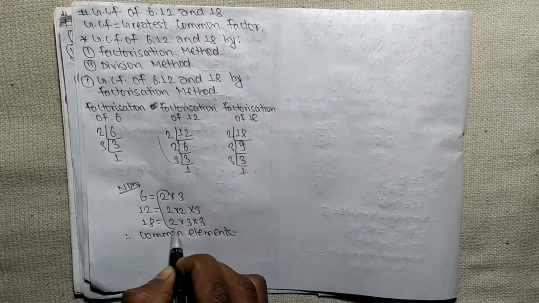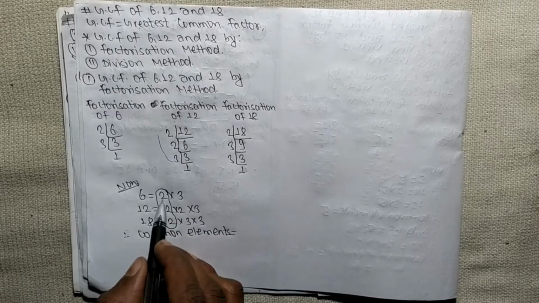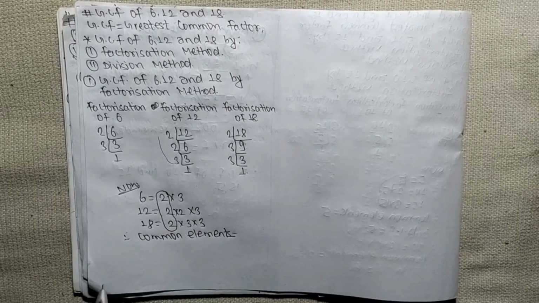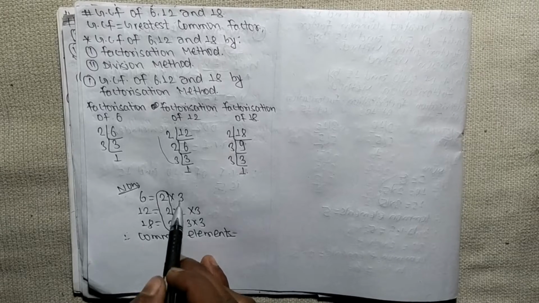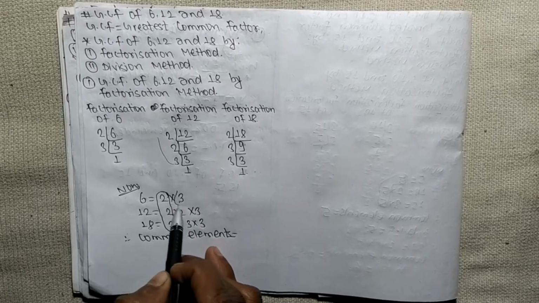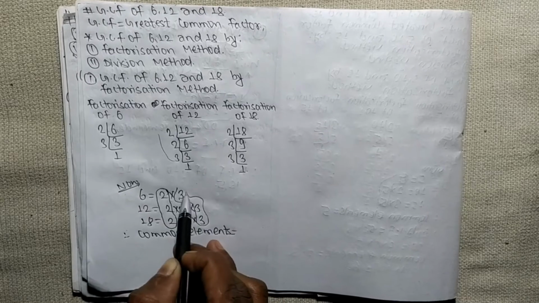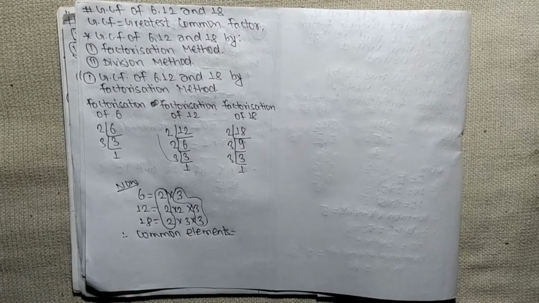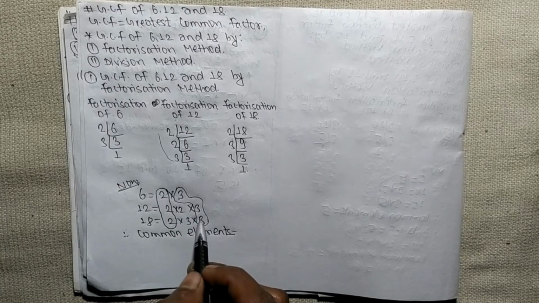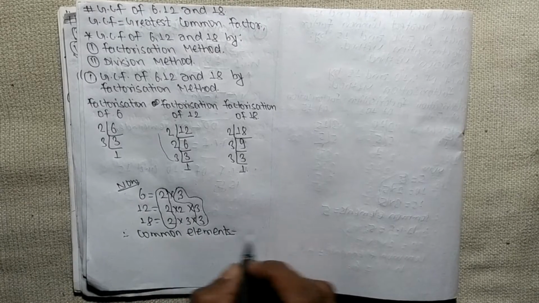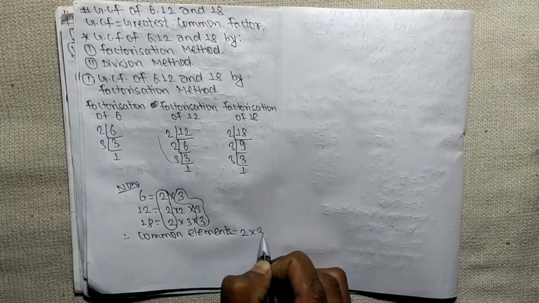First of all, 2 is the common element which is present in all three numbers. Now is there another common number? Yes, it is 3, 3 and 3. So 3 is the common element. Now there is no other common element in all these three numbers. So the common elements are 2 and 3.